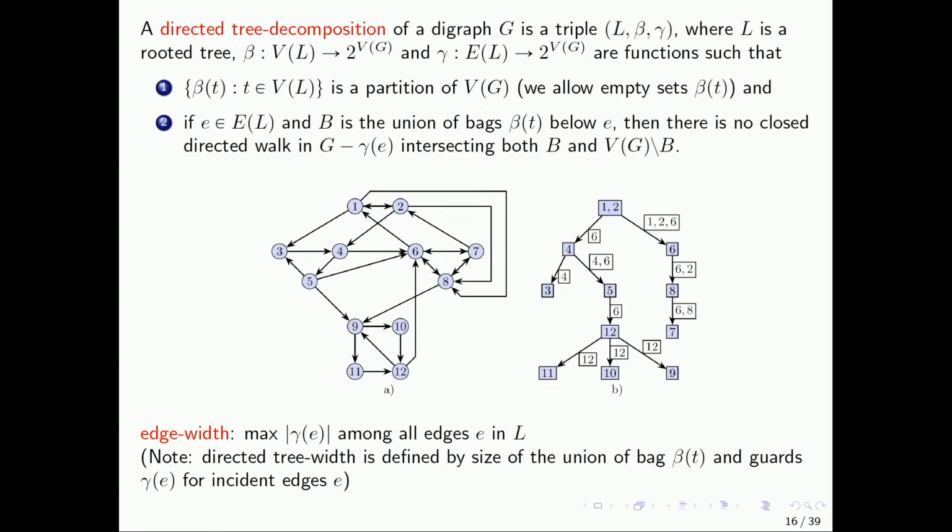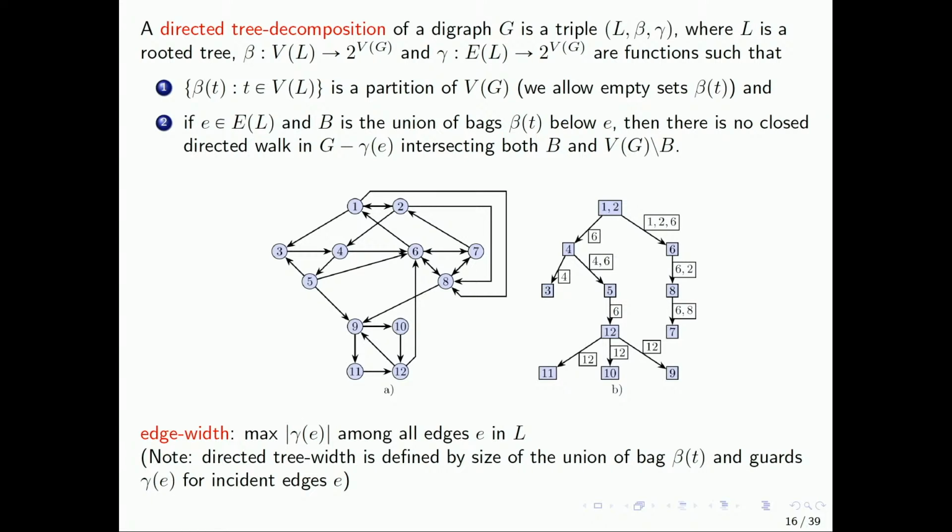And then the first condition is that the vertices on the nodes form a partition of the graph. And then for every edge in the tree, if you take the union of the bags below this edge, say B, then there is no closed directed walk containing both B and the rest.